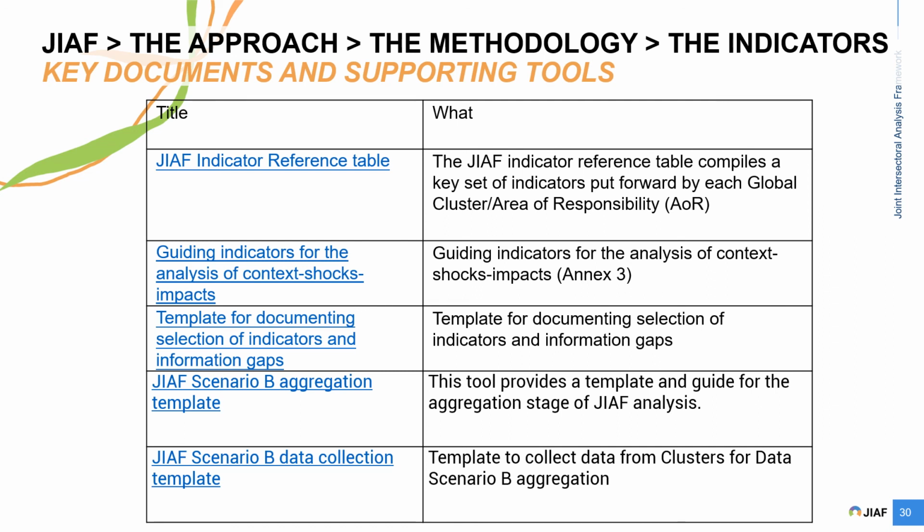And then you go into the last 2 companion tools that are the JIAF Scenario B aggregation template and the JIAF Scenario B data collection templates. Those 2 tools will actually be explained more in depth in the aggregation and PIN sessions.